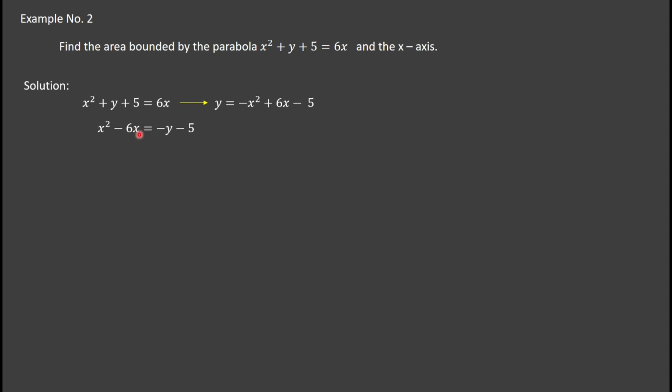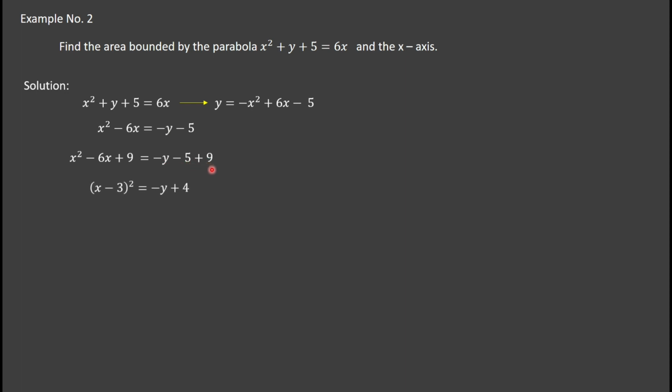Since x squared minus 6x, we take half of 6, that is 3, and square 3, so it would be 9. Therefore we add 9 here, and also add 9 on the other side. So x squared minus 6x plus 9 equals negative y minus 5 plus 9.